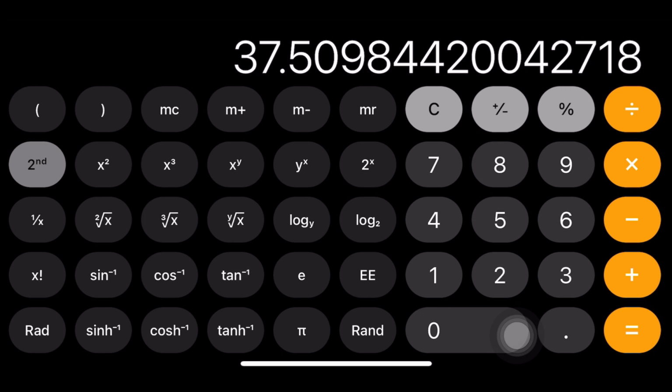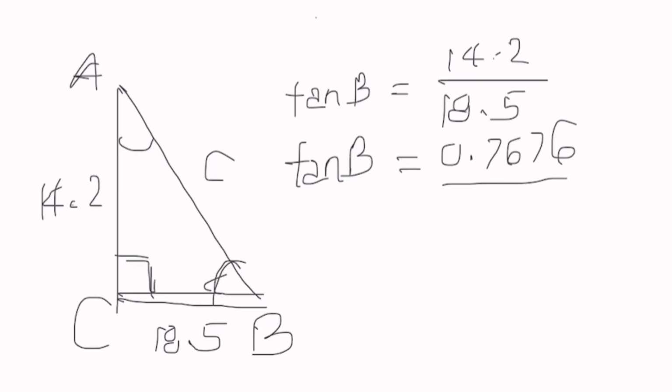Just click this one, and we're going to have 37.51. If we round it off, B here is equal to 37.51 degrees. This is in degrees.